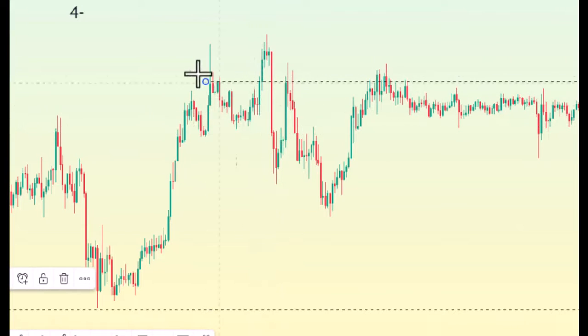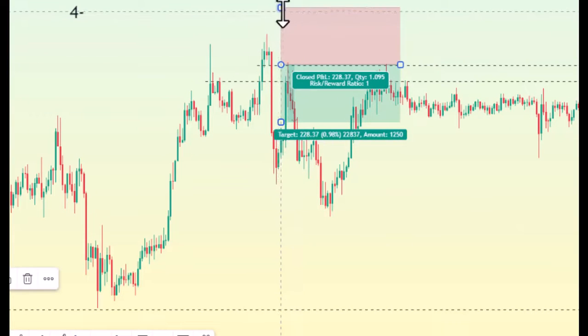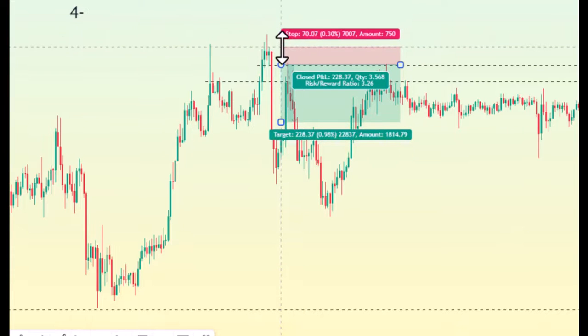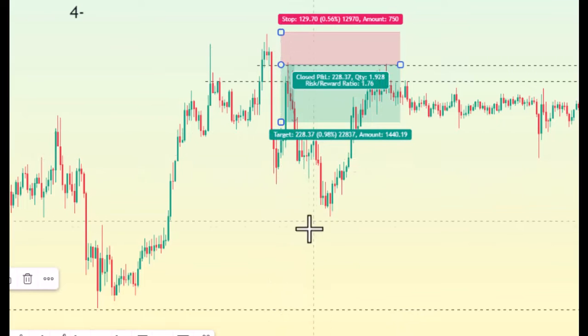I mean, you can put your position here, or you can put your position on the base. It depends on you. After that, we can put our stop loss behind the head or behind the base. Again, it depends on you.